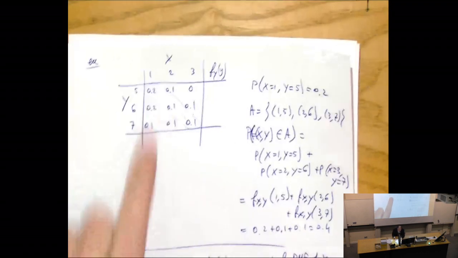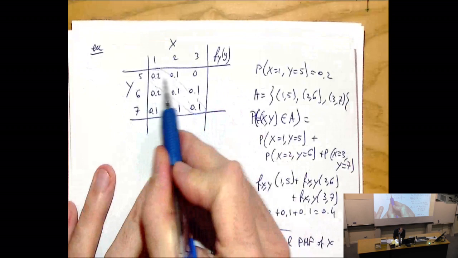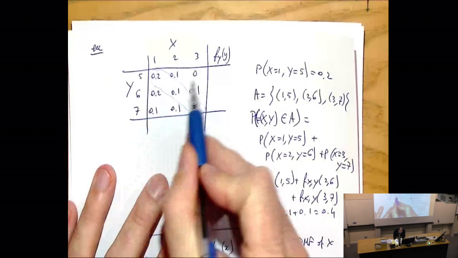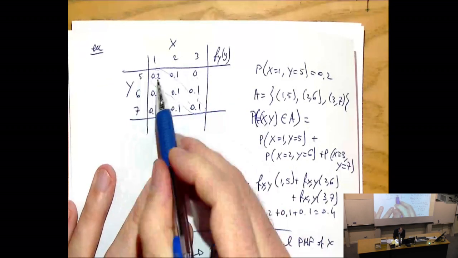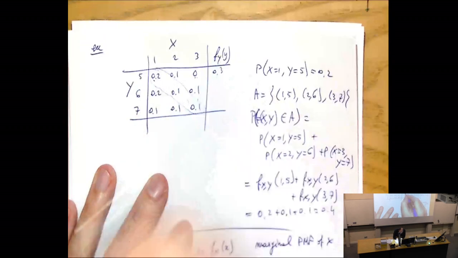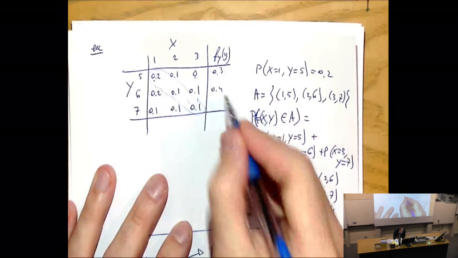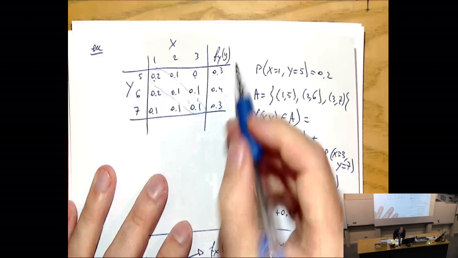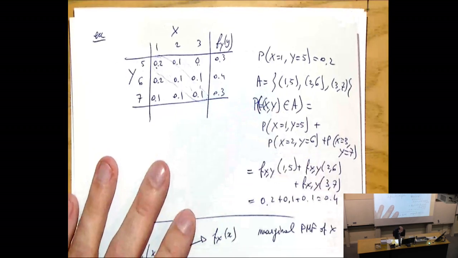So I can do this here: I'm taking this joint probability mass function when y is equal to 5, and I'm summing over x. The sum of all those rows will give me 0.3, 0.4, and 0.3. That's going to be the marginal of y.